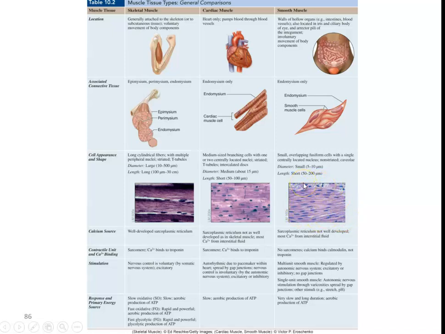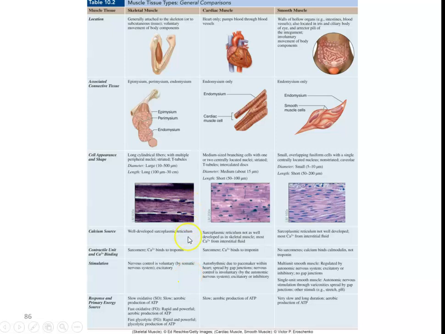But on top of that, we're going to go a step further and talk about where these muscles are located, where their calcium source is located, what the contractile unit is. Remember that smooth muscles do not have sarcomeres. You need to know the stimulation.